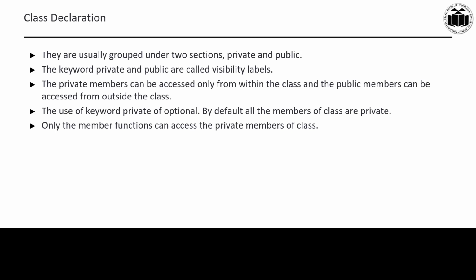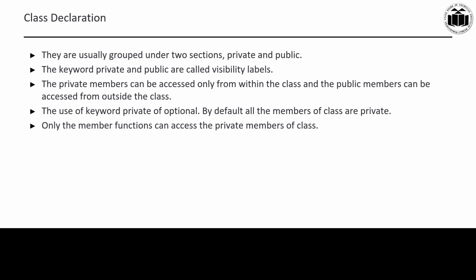The private keyword states that you can access your data within the class, and whatever you have declared and defined in the public access specifier, you can access from outside of the class.